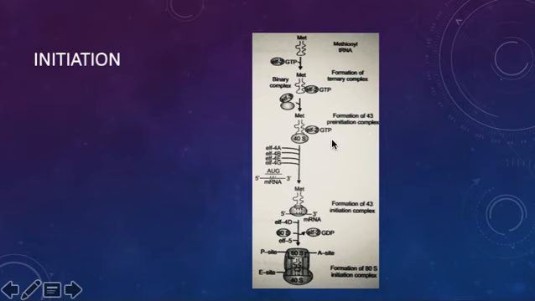Now to this there is attachment of the other factors, that is 4A, 4B, 4E and 4G. Along with it, the mRNA with the start codon, that is AUG, gets attached to the 43S pre-initiation complex to form the 43S initiation complex.